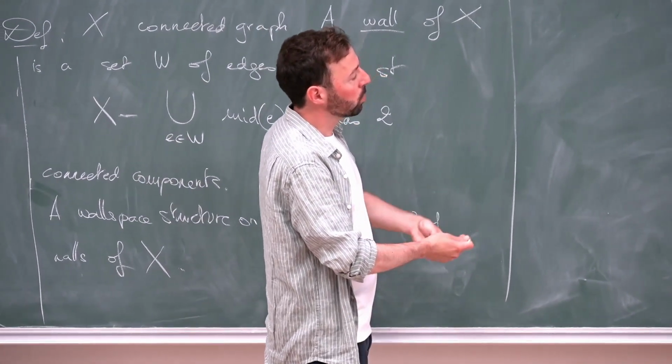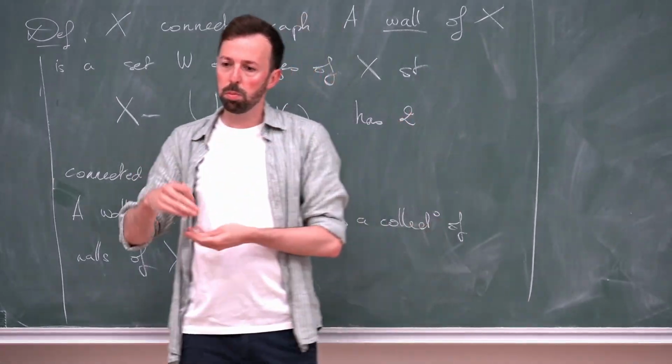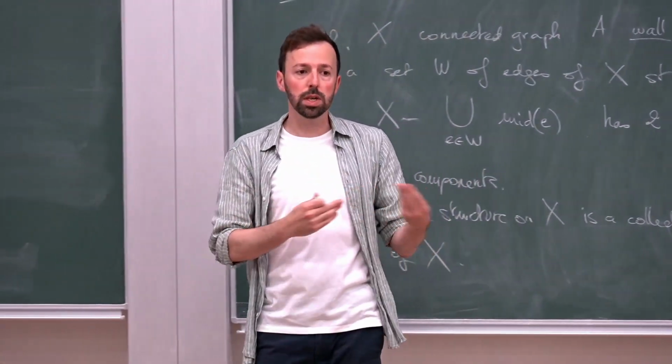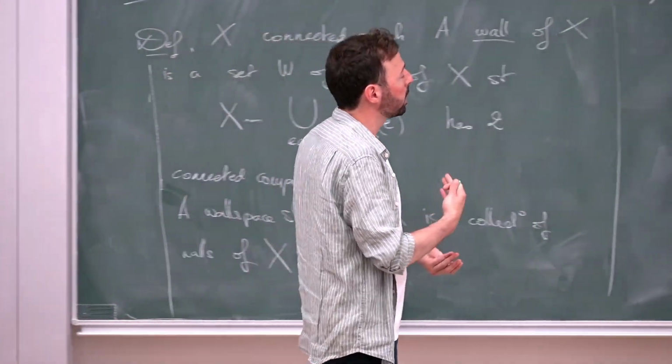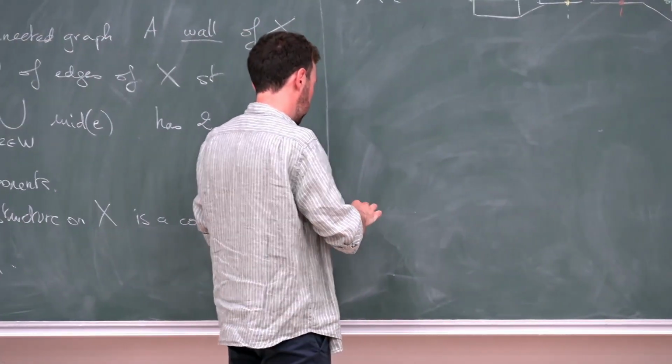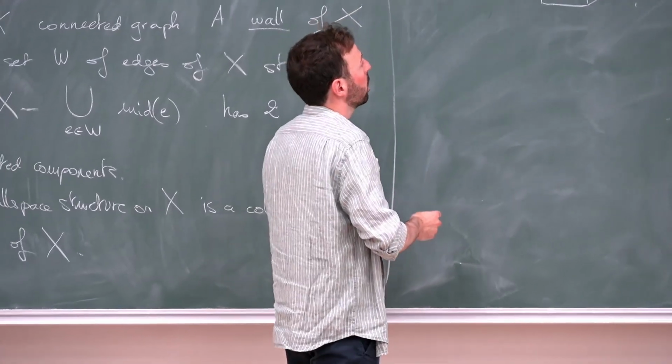And the idea was, well, walls separating a complex in two bits is something that you can do in a lot of complexes that are not cubical in nature. And out of this, you can construct an action on a CAT(0) cube complex.